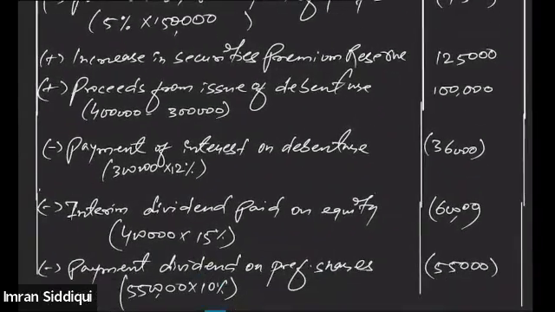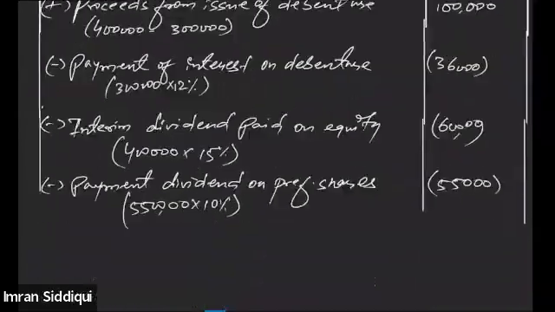These are all the items that we need to subtract and add. Now you can figure out the cash flow from financing activity. Do it quickly. Let me know the final answer.